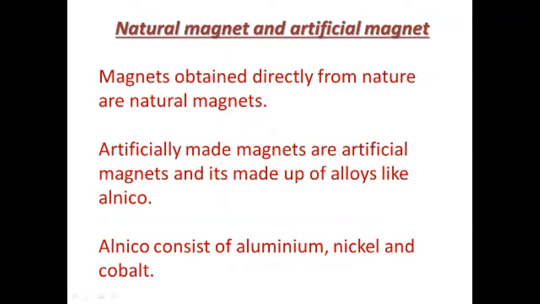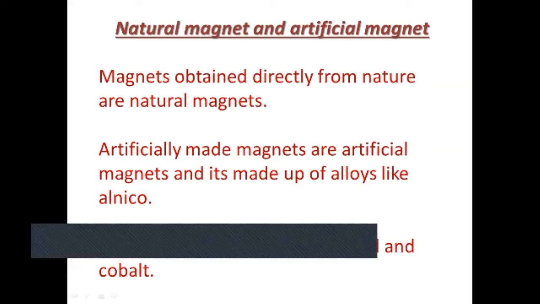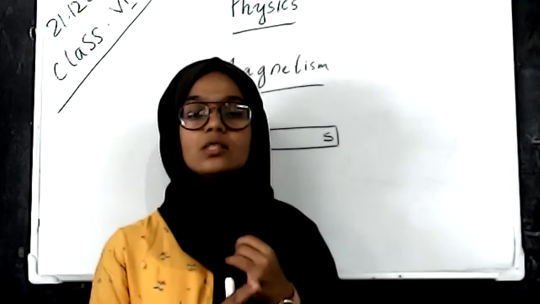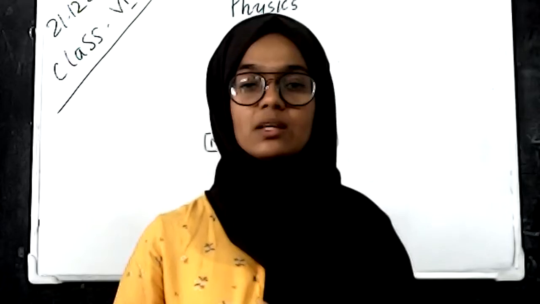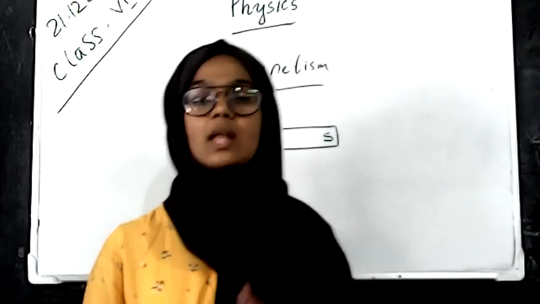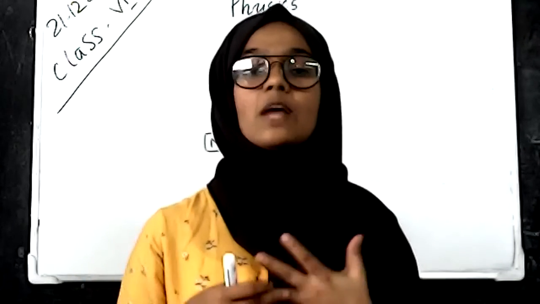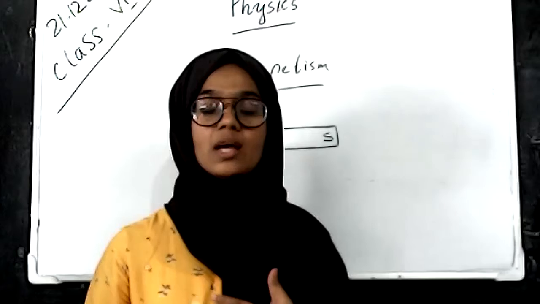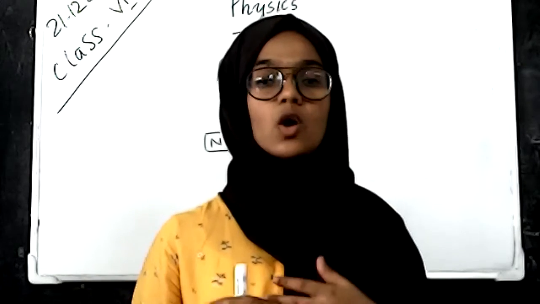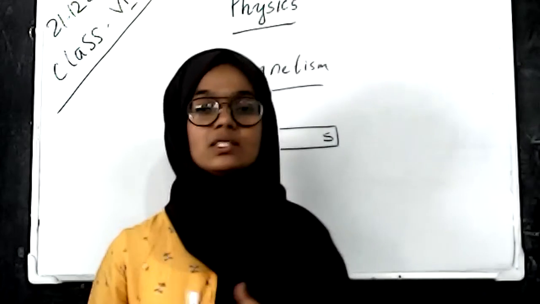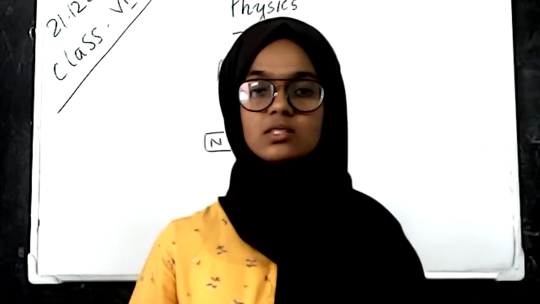Alnico consists of aluminium, nickel and cobalt. So these are the two classifications of magnets: one based on the source or origin of the magnet, and another based on their shapes. I think all of you understand the different types of magnets.